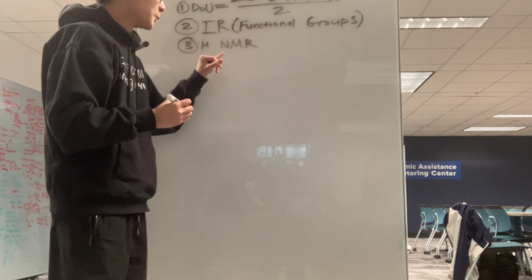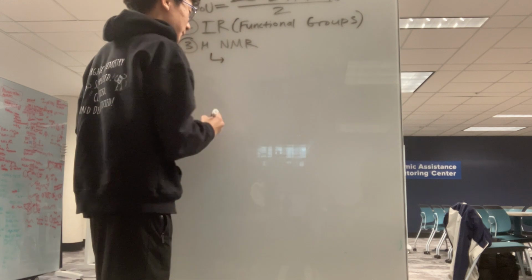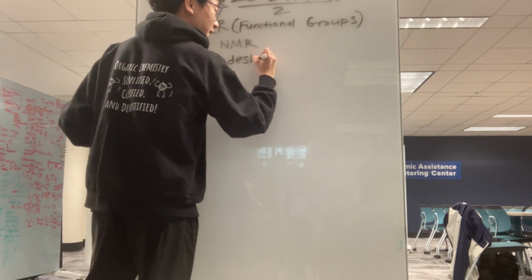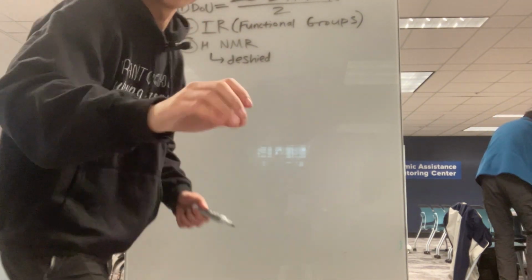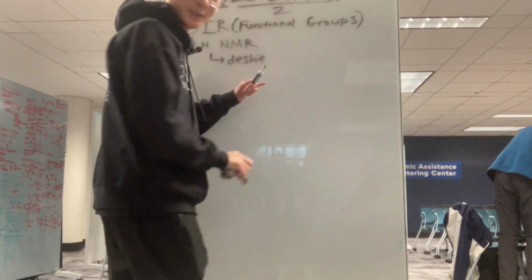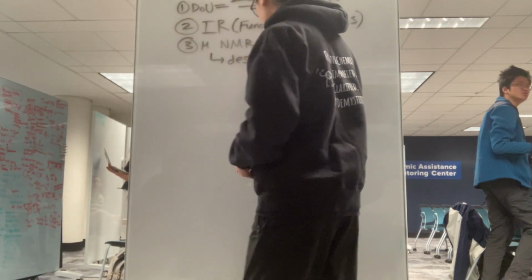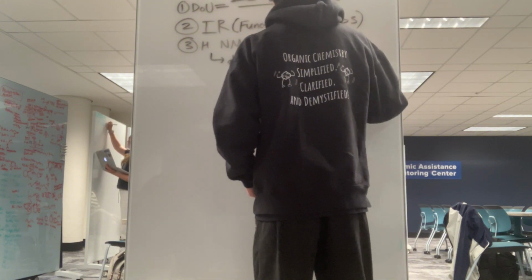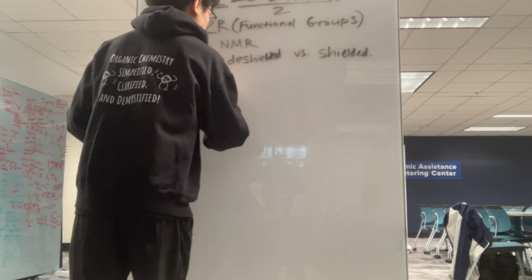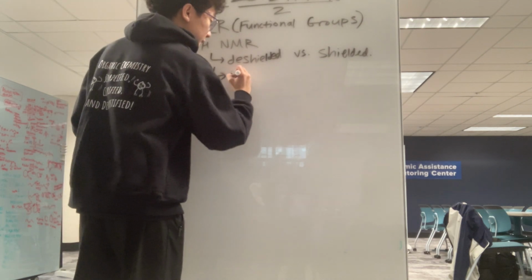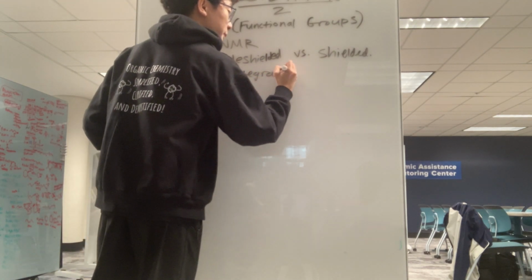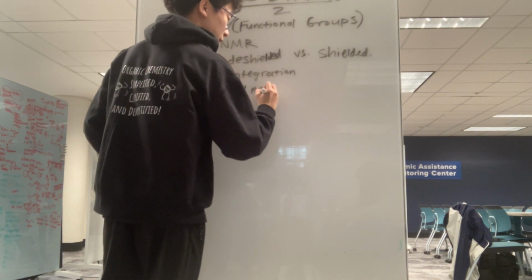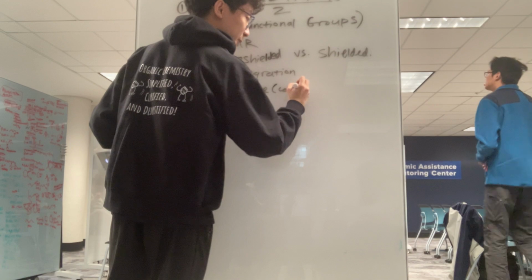The 3 things I look for in HNMR are the deshielded versus shielded regions, that's the most important part, then the integration, how many hydrogens are in a peak, and then the n+1 rule coupling, the number of neighbors.